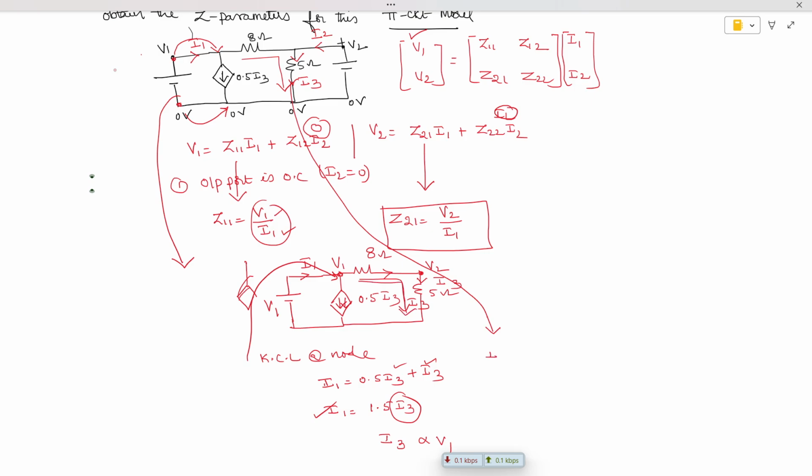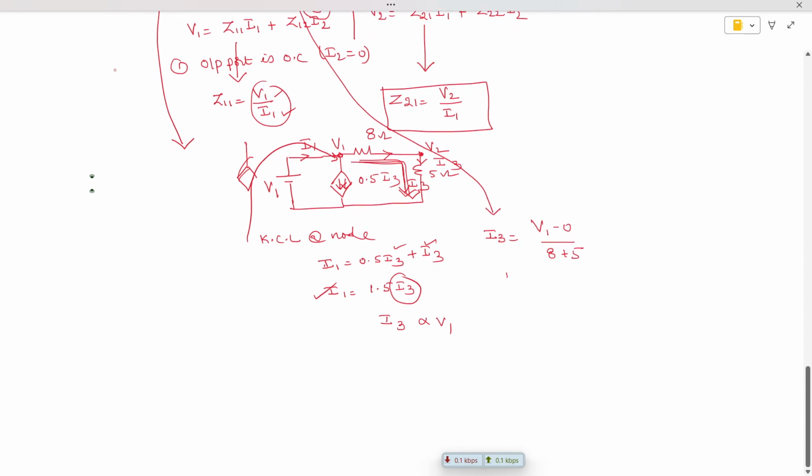The current I3 can be written as (V1 minus 0) divided by (8 plus 5), which is V1 by 13. Therefore, I3 is equal to V1 by 13.